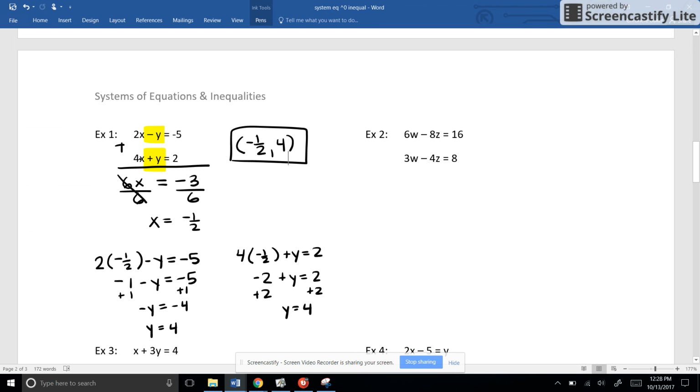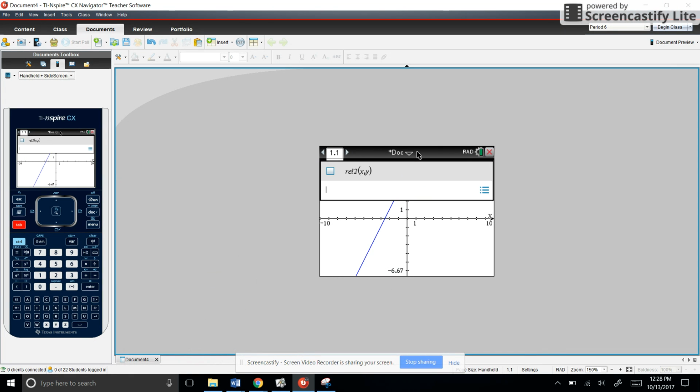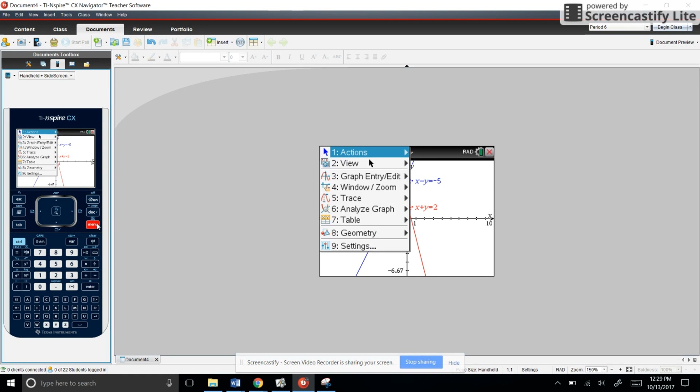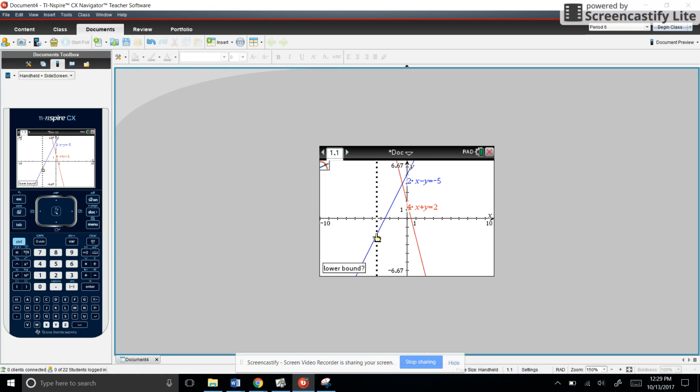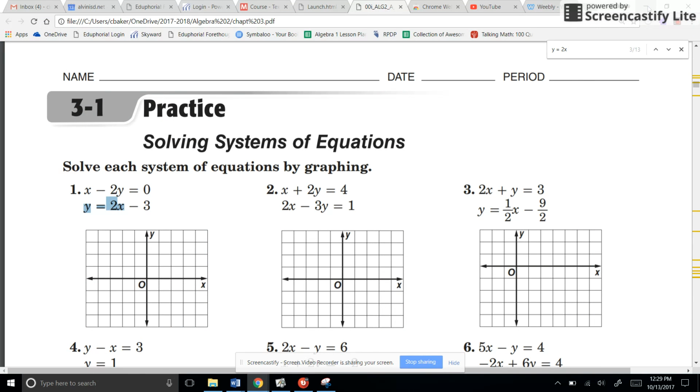And then the other one was 4x plus y equals 2. Okay, I go to menu, I go to analyze, I go to intersection, go on the left, go on the right. There it is, negative 0.5, negative half, comma 4. It represents the ordered pair where these graphs cross.